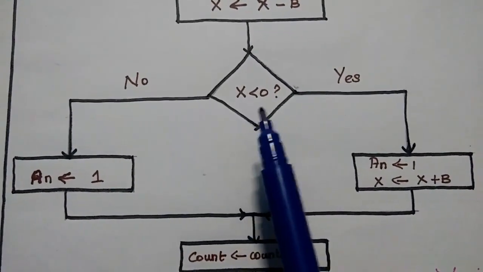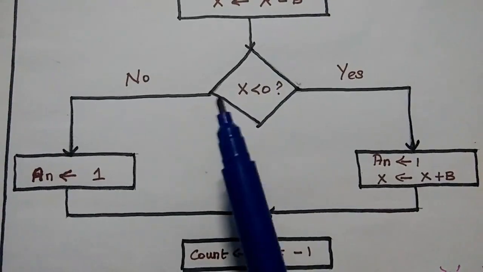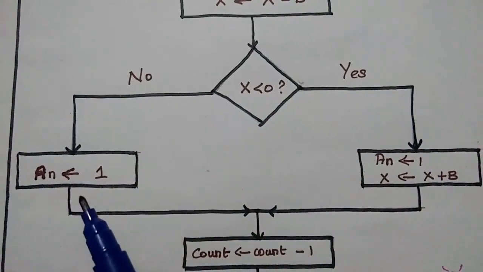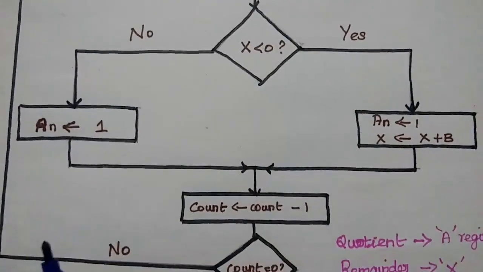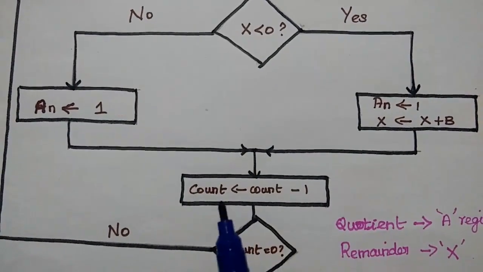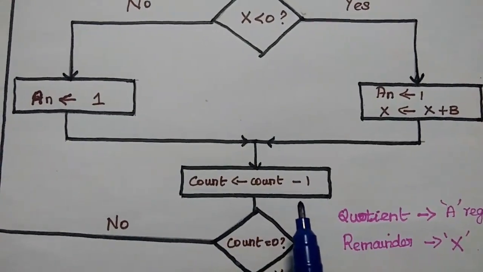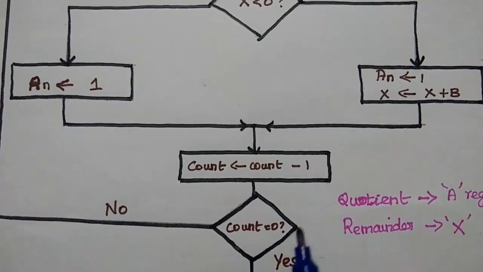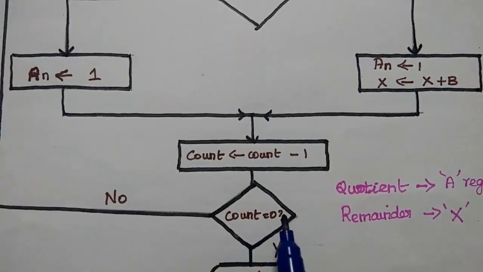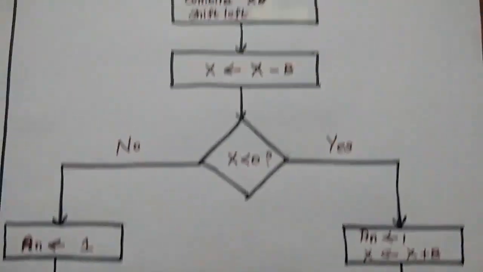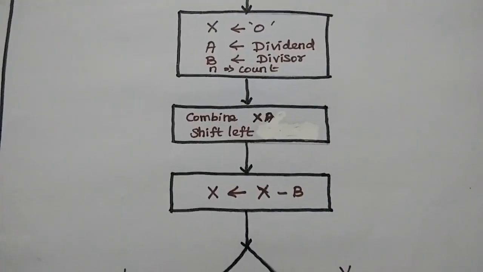If x is not less than 0, that means there is no borrow, so we have to simply say an tends to 1 here. Then after this process, we have to decrement that count. If the count is not equal to 0, we have to do the same process for the next bit.